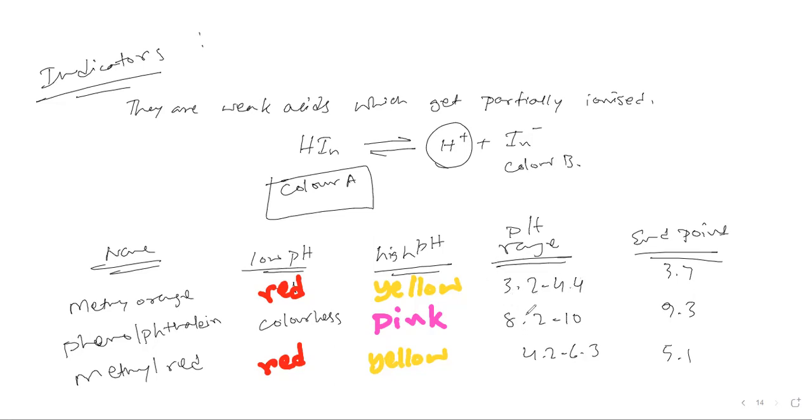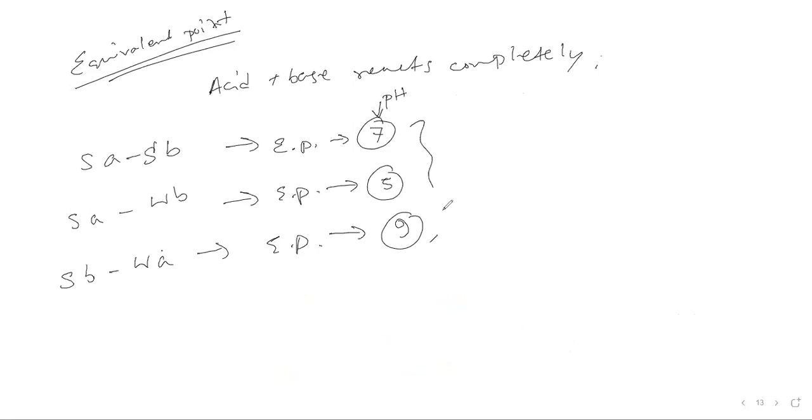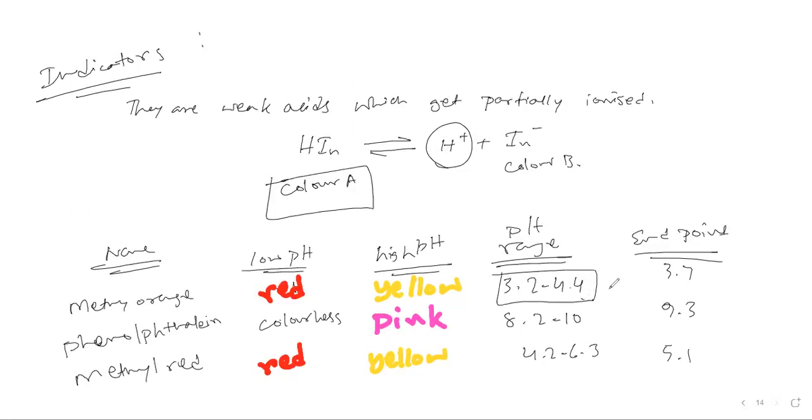If the neutralization of the acid and base, that is the equivalent point, is within this range, then we can use methyl orange. But if the neutralization point is between 8.2 and 10, then it is better to use phenolphthalein. And if the neutralization point is between 4.2 and 6.3, then it is better to use methyl red.